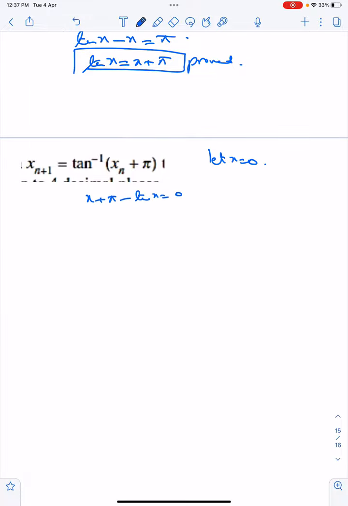If I take x as 0, I will get pi in this case. If I take x as 1, I will get 1 plus pi minus tan of 1. I'm getting minus 3.699.